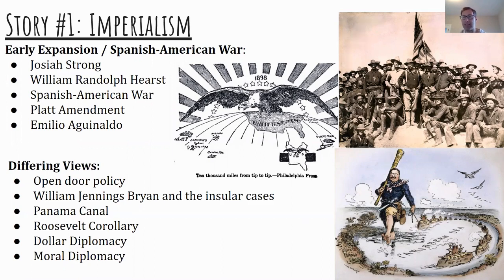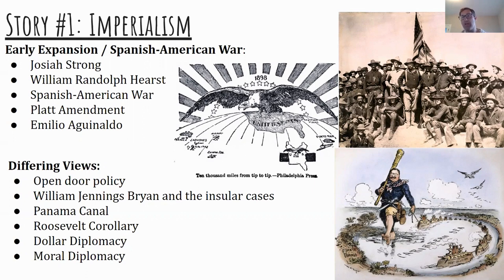And we see people like especially William Jennings Bryan, who is speaking out against imperialism. We see the challenges to imperialism in the form of the Insular Cases. We even see local groups of people that are fighting American influence in their country. The best example of that would be Emilio Aguinaldo, who opposed the United States annexation of the Philippines.